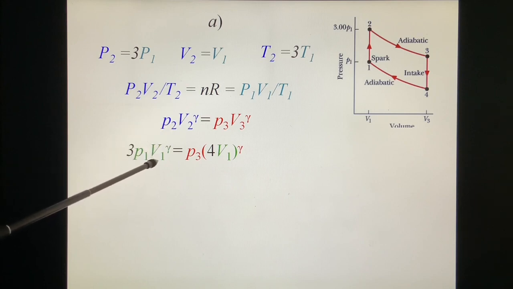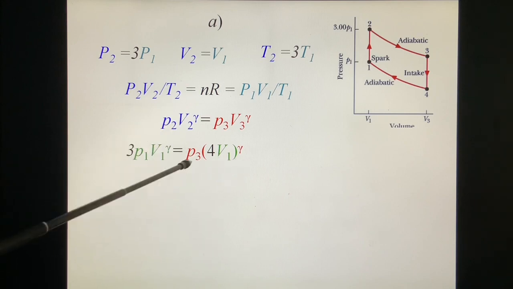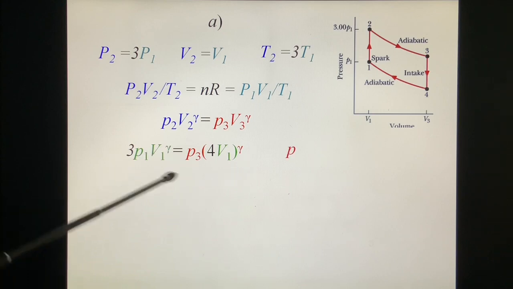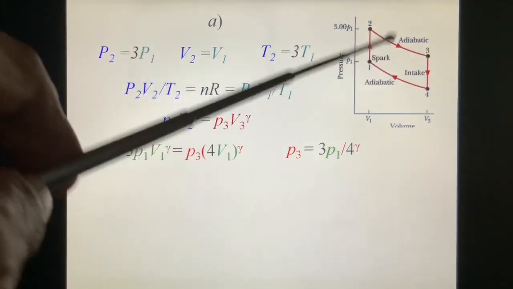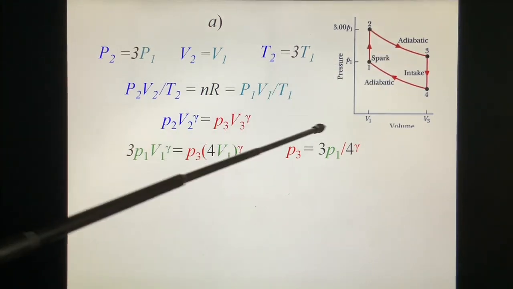In this case V1 gamma cancels out, and we get P3 equal to 3 P1 over 4 gamma.